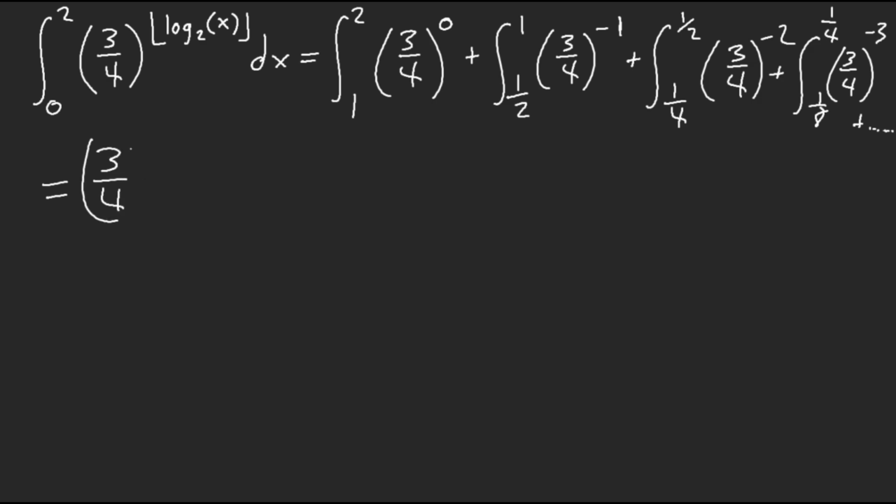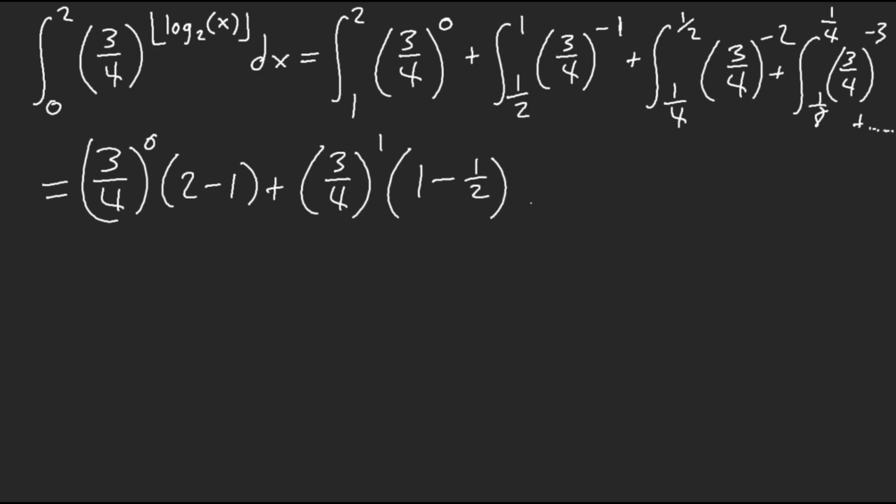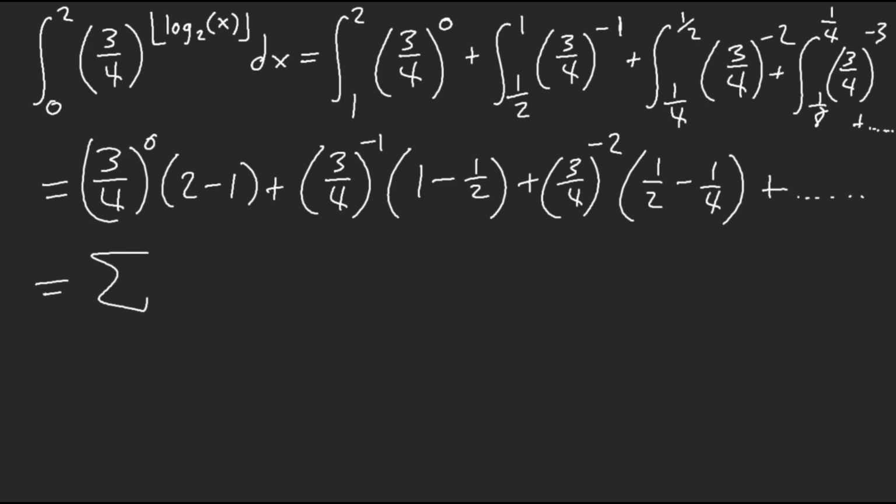I'm gonna write it like this, just for ease sake. 2 minus 1 plus 3/4, 1 here, and we have 1 minus 1/2 plus 3/4. Oh, I'm sorry, this is -1, -2, and then we have 1/2 minus 1/4, and then so on.